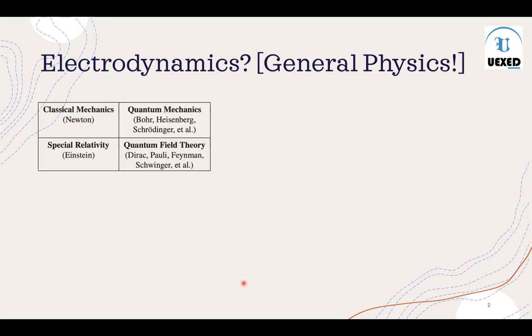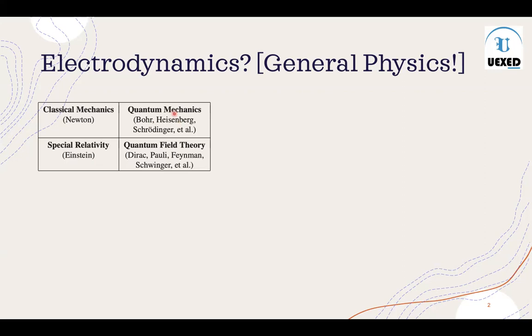So let's start with a picture where we have these 4 boxes. We have classical mechanics, which we know, where Newton's law works very well. Also, there is special relativity, which was formulated by Einstein, and we will see the reason in a moment.